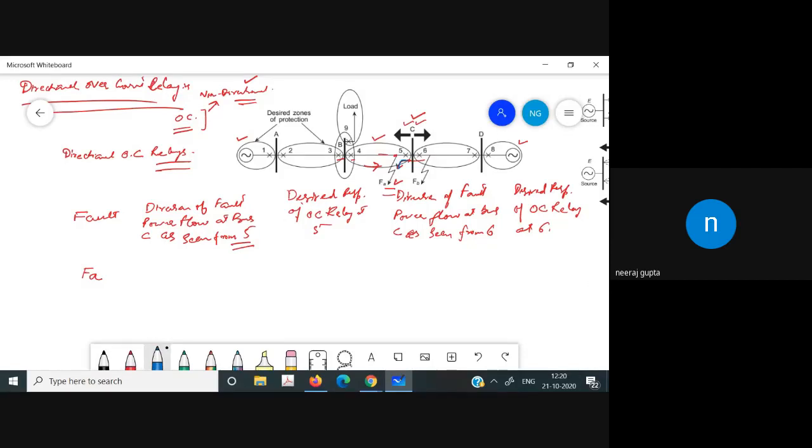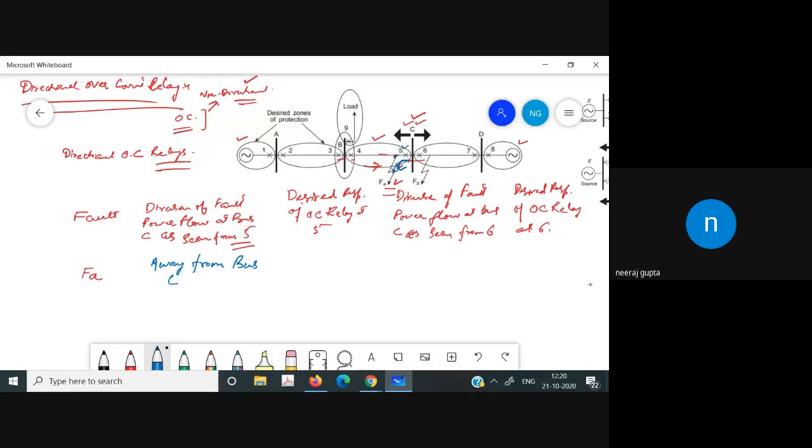It means that it will move away from bus C. Here it is fault. When the fault takes place, the power will flow to that fault, and as seen from 5, the power will move in this direction because 5 is here.